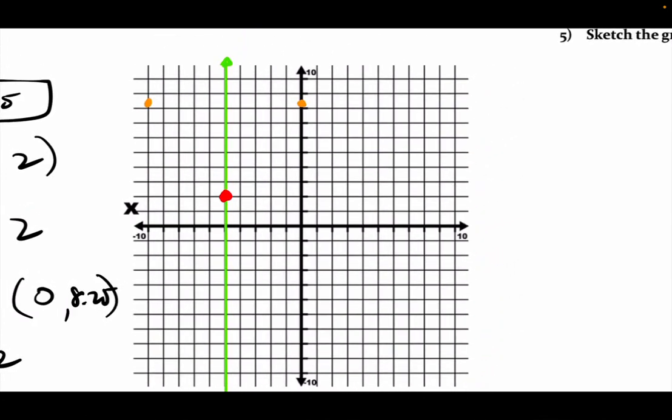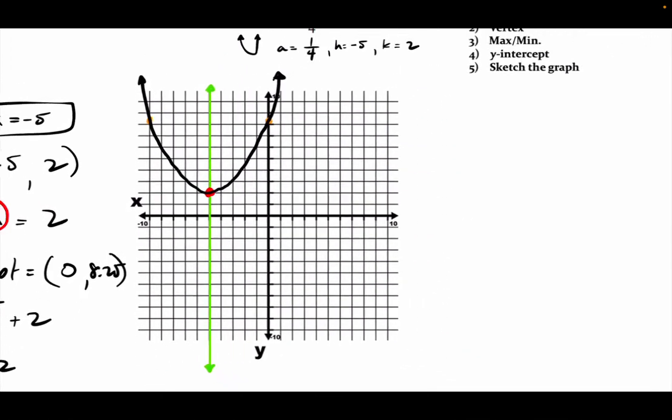Now it's not going to be a V, it's going to be a U, but the U is going to be a little bit wider. Wider than it usually is, I should say. Okay. Done.